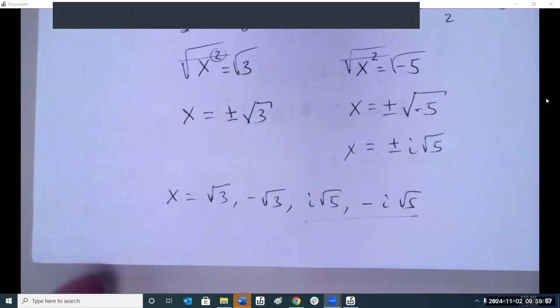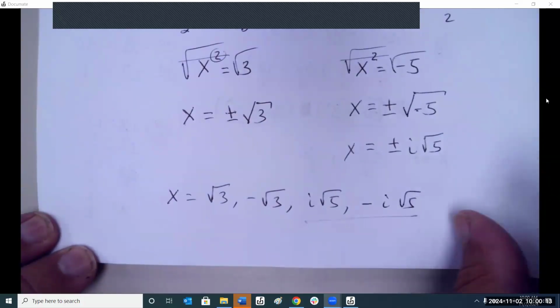So if it's quadratic in form, this is how you'd solve it, using the quadratic formula. Did we have to use the quadratic formula? Let's look at the same example.